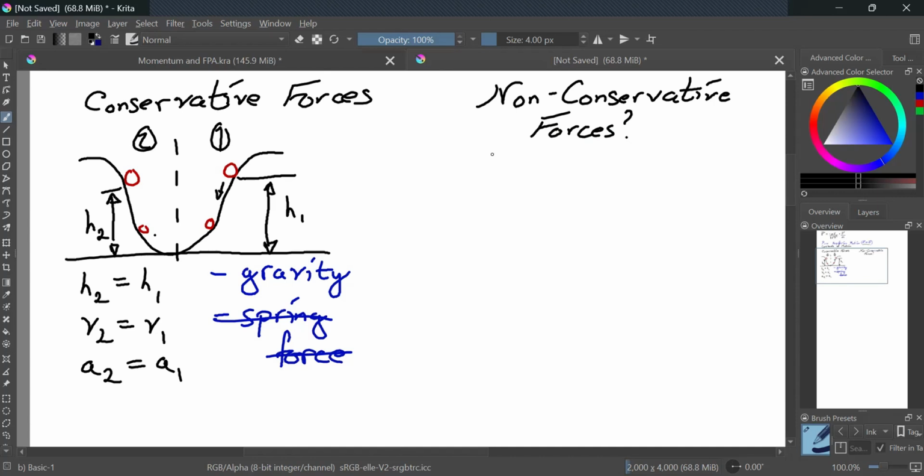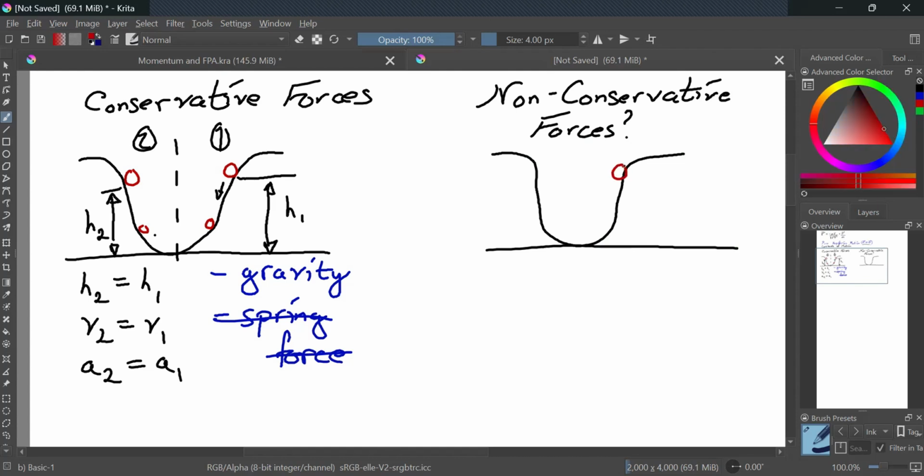Well, if we redraw our valley that is exactly the same as before, no matter how well the artist does to mess it up, we go to our perfect little valley. We take the same ball to the same height as before, and we drop the ball.